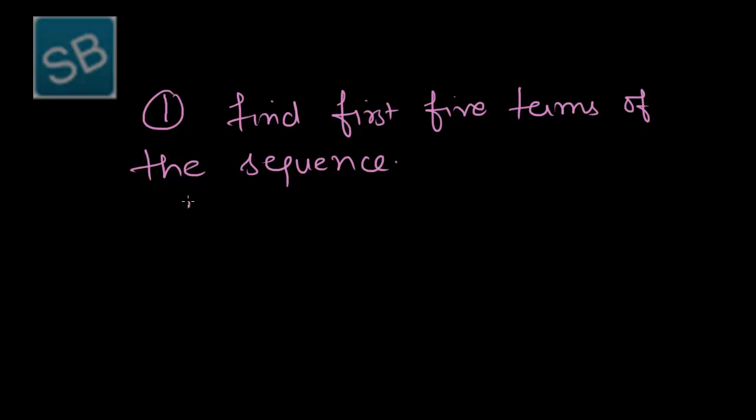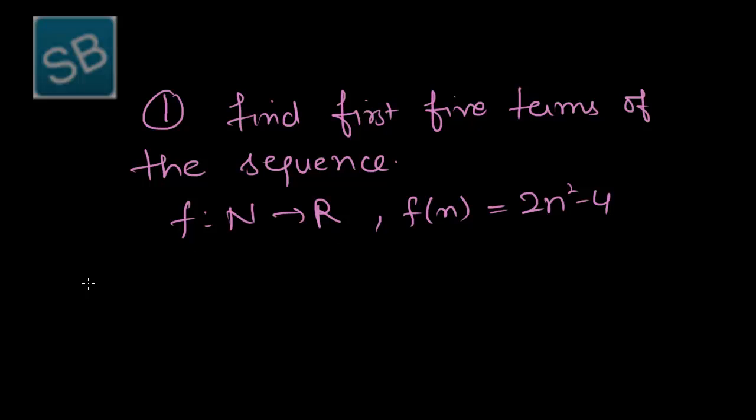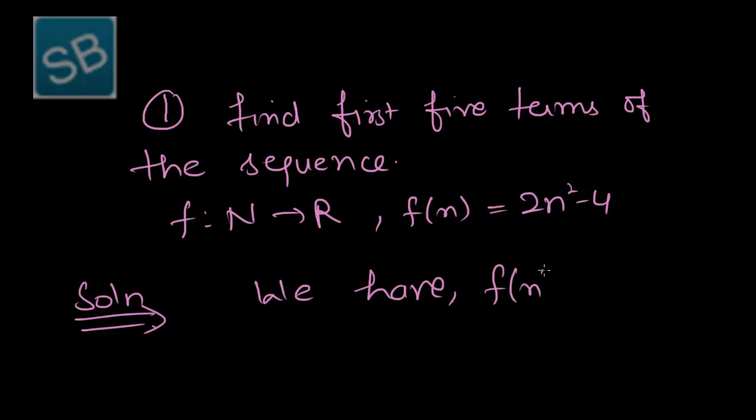Here the sequence f of n is f of n is equal to 2n square minus 4. Now the solution is, as we have to find first 5 terms and we have f of n is equal to 2n square minus 4.